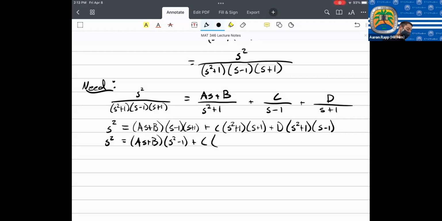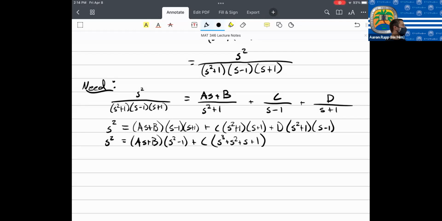I'm going to take my c term and I'm going to go ahead and FOIL out that s squared plus 1 times s plus 1. What is that going to become? Take s, multiply it by an s squared plus 1, I get s cubed plus s.